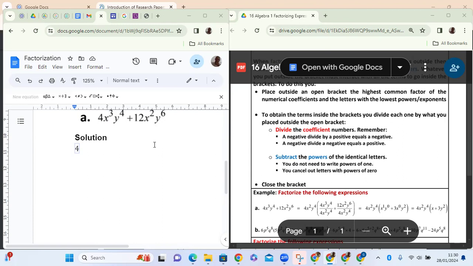Because X squared can go into X squared and X squared can go into X cubed. Okay? X cubed cannot go into X squared because X cubed is more than X squared. So that's why it says, look at the common letters with the lowest power. So between X cubed and X squared, we have to factor out X raised to the power of 2.